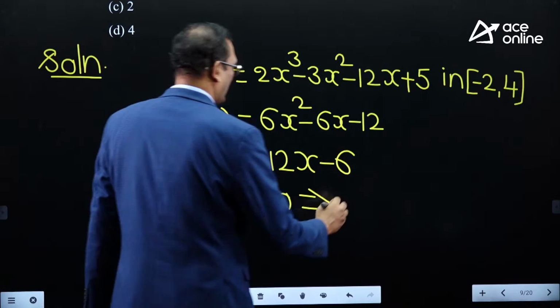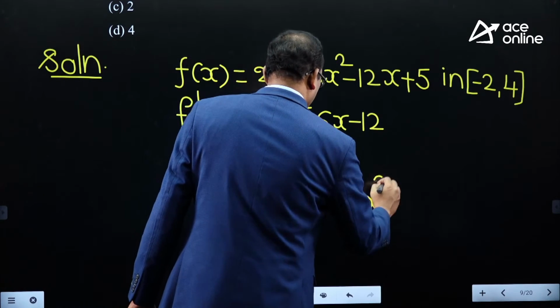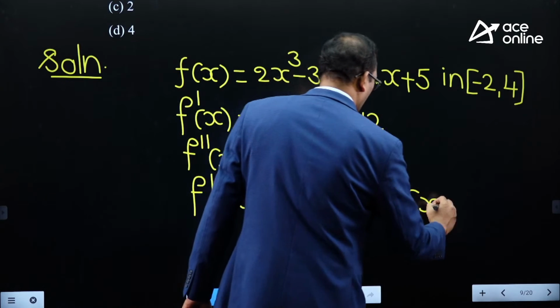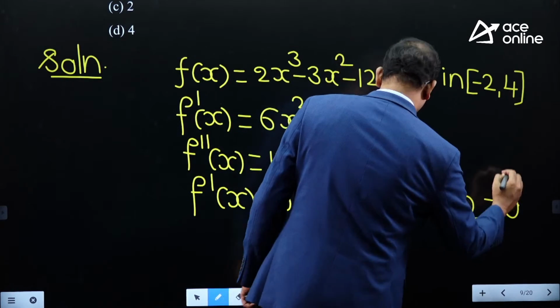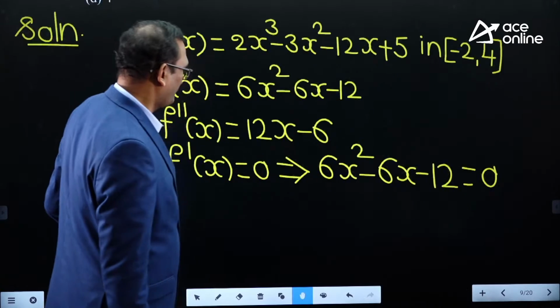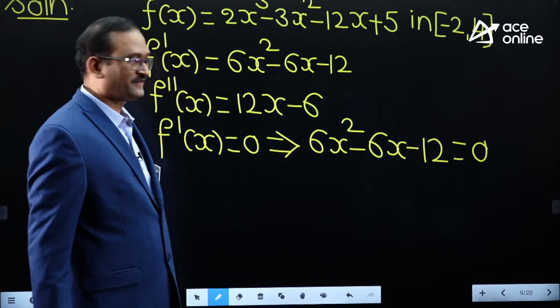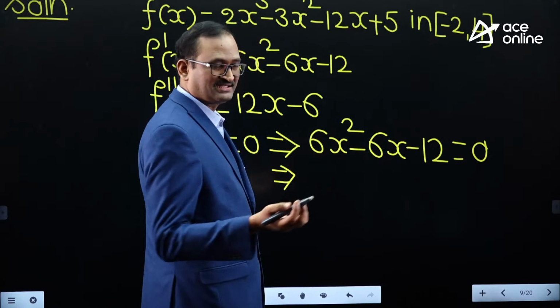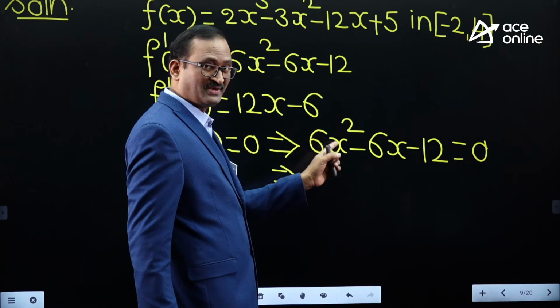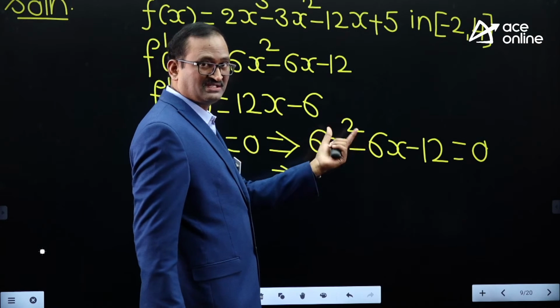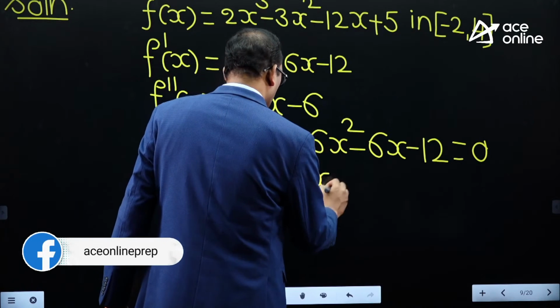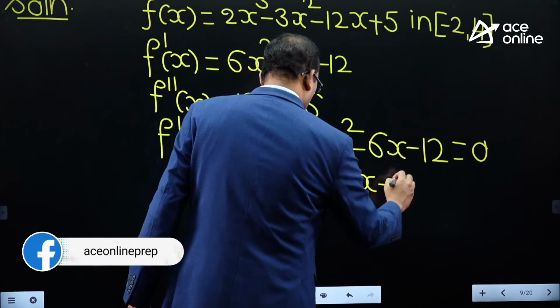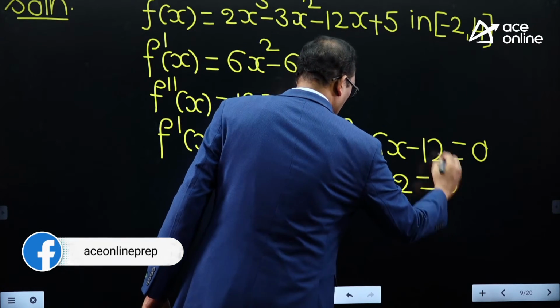So 6x square minus 6x minus 12 equal to 0. 6 is the common factor. If I take out 6, it becomes x square minus x minus 2. 6 cannot be 0, so x square minus x minus 2 equal to 0.